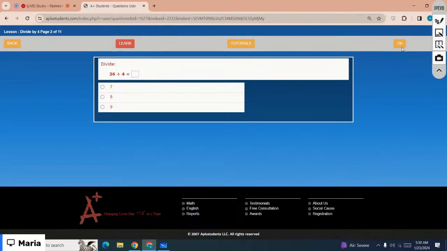You need to work on the tables, right? So start working on the tables from today so that you can be perfect with multiplication and division also, right? 4 times 9 is 36.